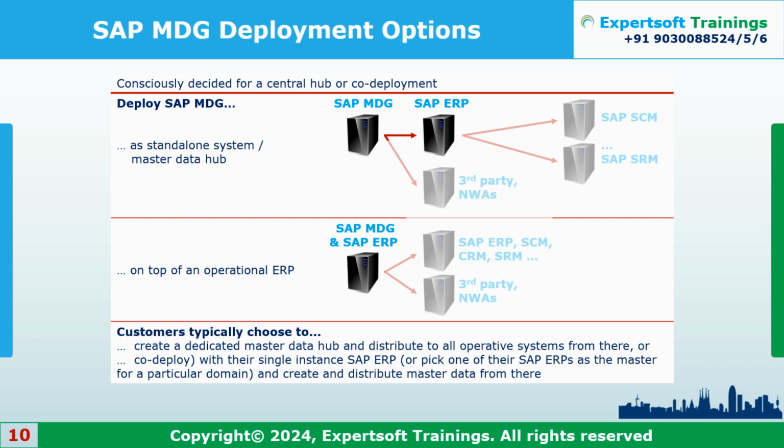That is the suggested option, but we give the client the pros and cons of both environments. It is the client who is going to invest in the server. Infrastructure cost increases with the hub, but it is not incurred in co-deployment, because they have already incurred the cost. They just have to buy the license and start using it, but with the hub they have to bear the infrastructure cost.